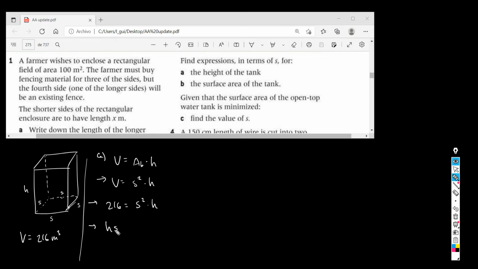Let me flip the sides. Finally, h, the height of the tank, is 216 over S squared. I have already written the height of the tank in terms of S. This is the solution.